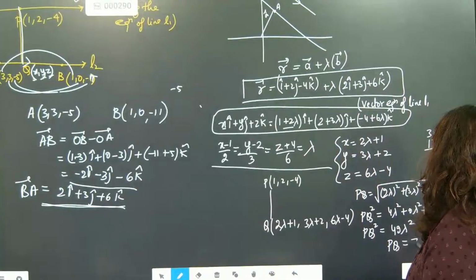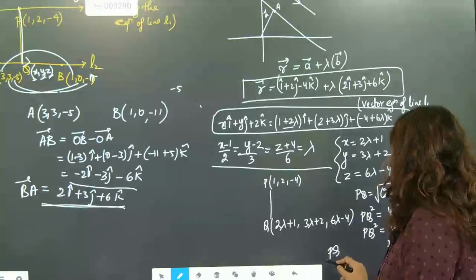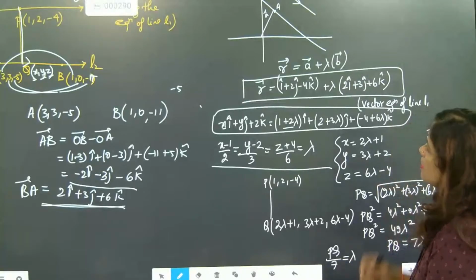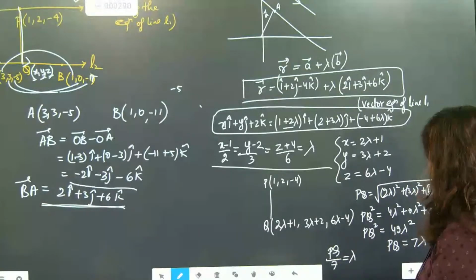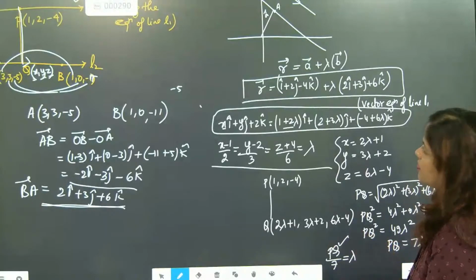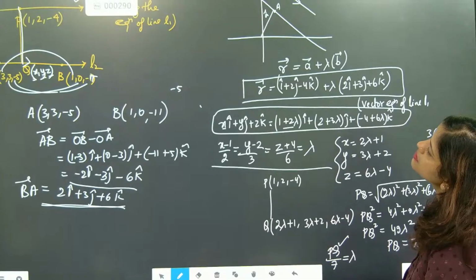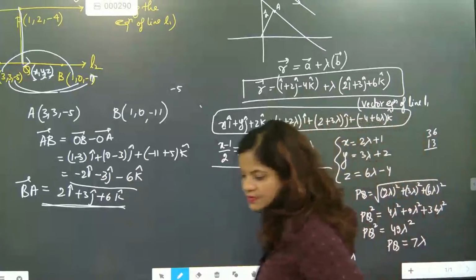So PQ is coming as 7 lambda. PQ by 7 is equal to lambda. We got the lambda value because the other values are coming 0. So PQ is the constant part. I hope till here everybody understood.